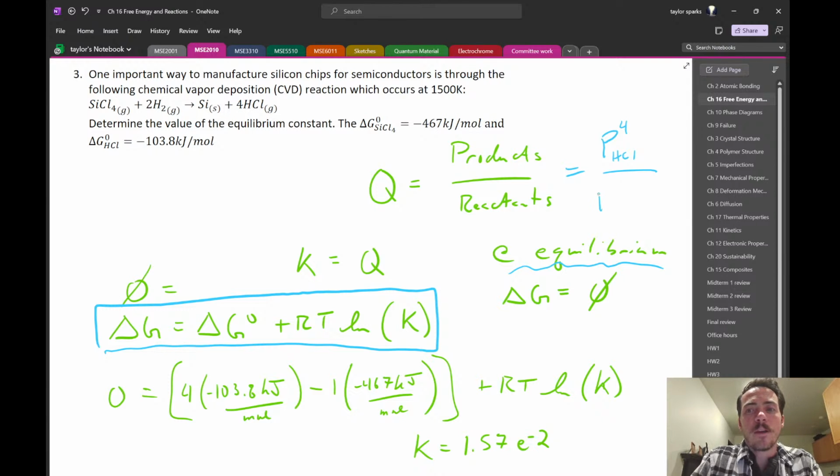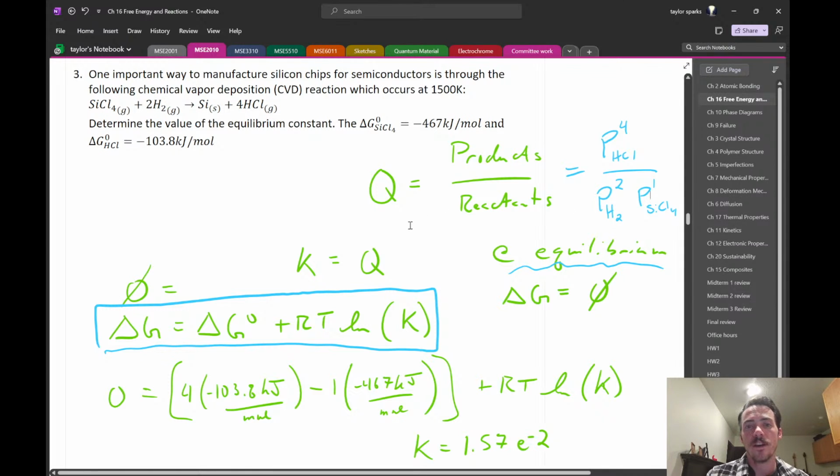That would be divided by the partial pressure of my hydrogen gas squared, multiplied by my partial pressure of my silane gas, SiCl4, to the 1 power. So if I knew what those partial pressures were, then I could calculate Q. In this case, it's asking us just to determine the equilibrium constant.